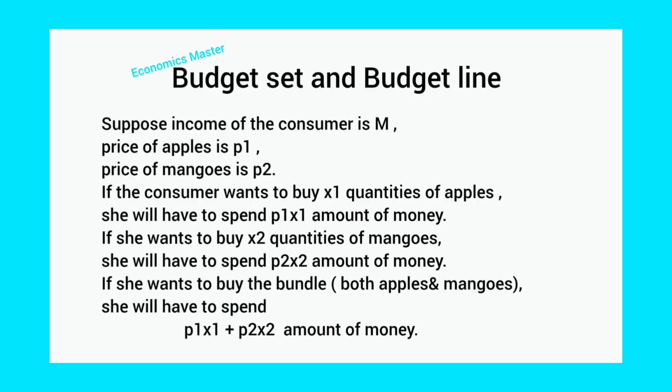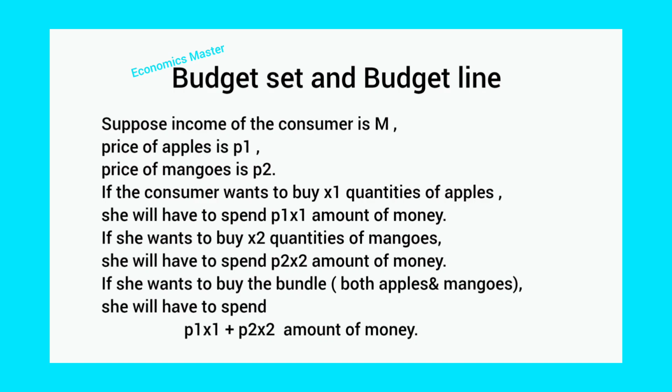That should be equal to her amount of money. If she wants to buy X2 quantities of mangoes, she will have to spend P2 X2 amount of money, which means the price of mango multiplied by the quantity of mango should be equal to her amount of money.